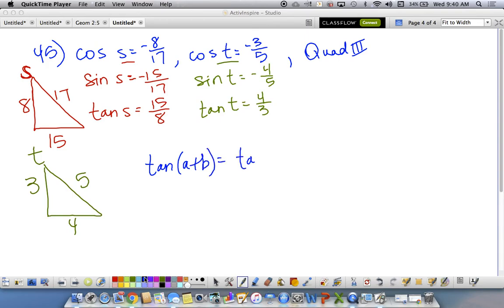We know it's tan A plus tan B over 1 minus tan A tan B, which I should be using with S and T. So we're just simply plugging in. At the top, we're adding them. On the bottom, we're subtracting after we've multiplied them together. So, do I have to get common denominators?